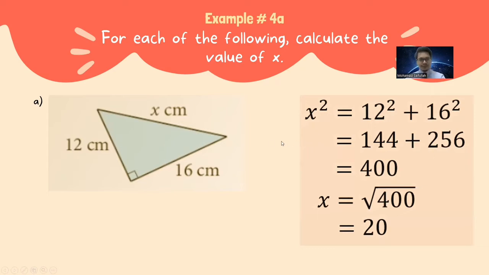But never mind, it's okay. So as I said just now, x square is equal to 12 square plus 16 square. If you do the calculation, you will get 400. 400 is equal to x square. So you take the square root, and x is equal to square root of 400, and the answer is 20. Correct. So the answer is 20.